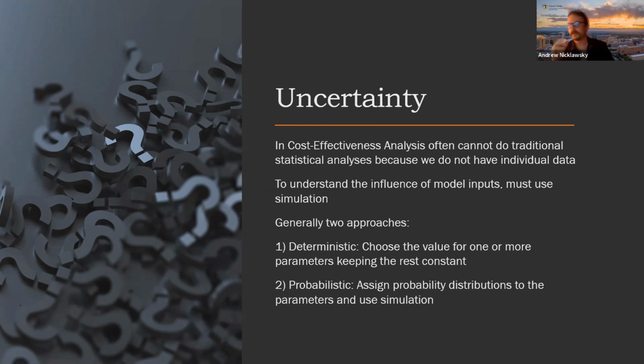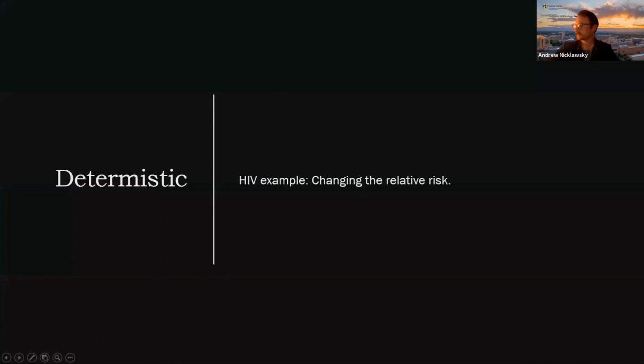So generally there's two different approaches, which are either deterministic, which would be to choose one value from our parameters and keep everything else constant and vary that, or probabilistic, where we'd assign probability distributions to all the parameters and use simulation. So first we'll talk about deterministic, because that's pretty easy.